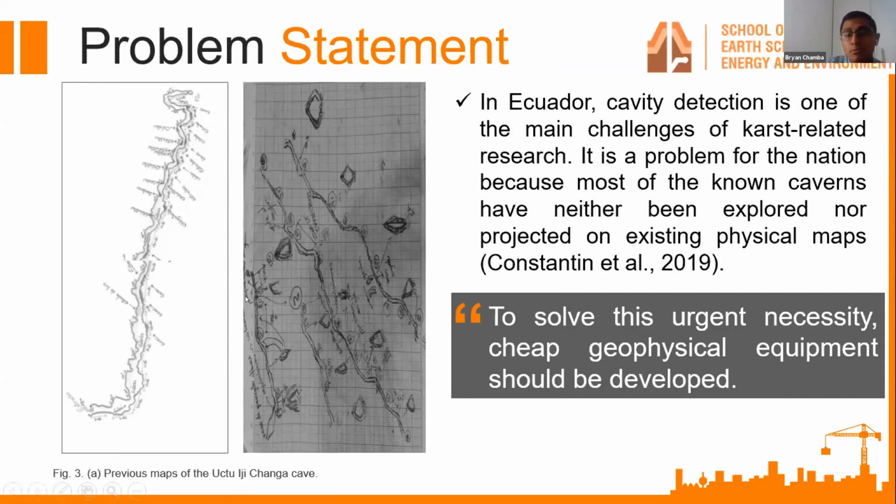For this reason, it's really important to start to create solutions to solve this urgent necessity. In order to solve this necessity, we have developed a cheap geophysical equipment that will allow us to characterize the Amazon karst system at high scales.